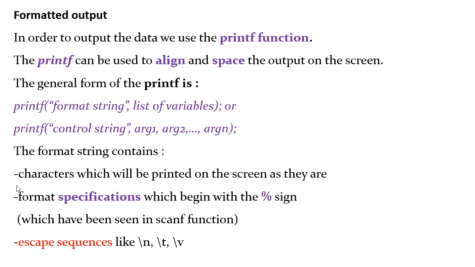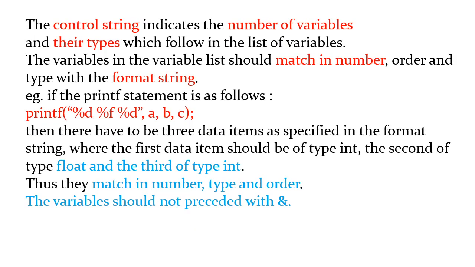The format string contains characters which will be printed on the screen as they are, format specifications which begin with the % sign as we have seen in the scanf function, and escape sequences like new line, tab and vertical tab, which move the cursor. The control string indicates the number and types of variables which follow in the list of variables. The variables in the list should match the format string in number, order and type.